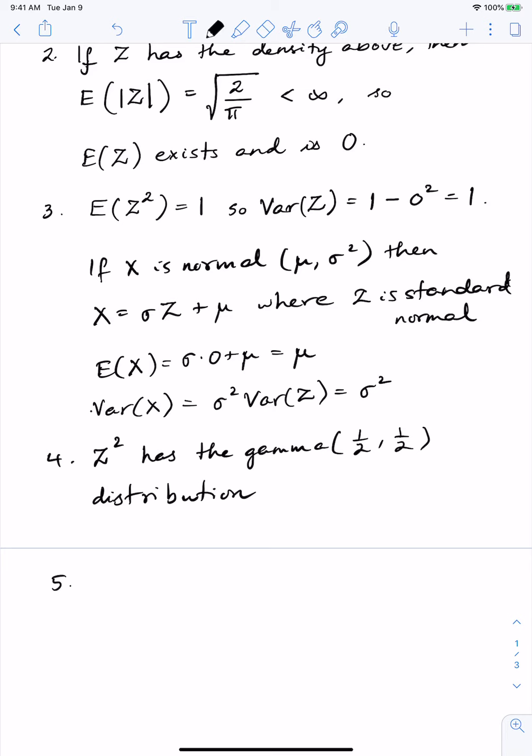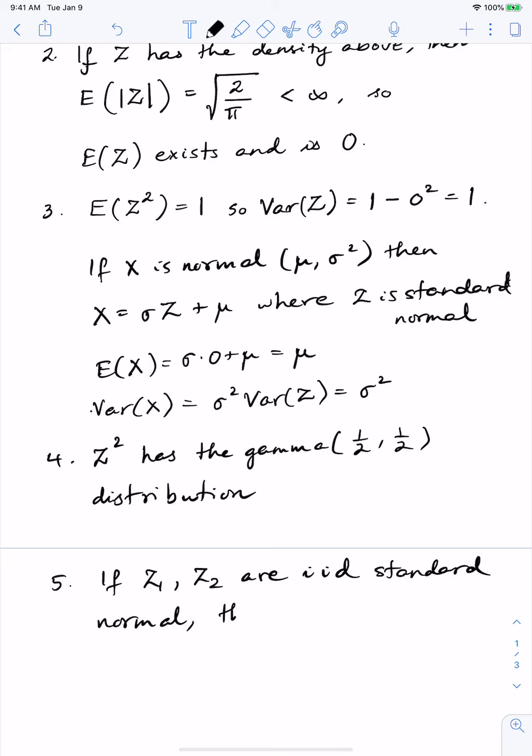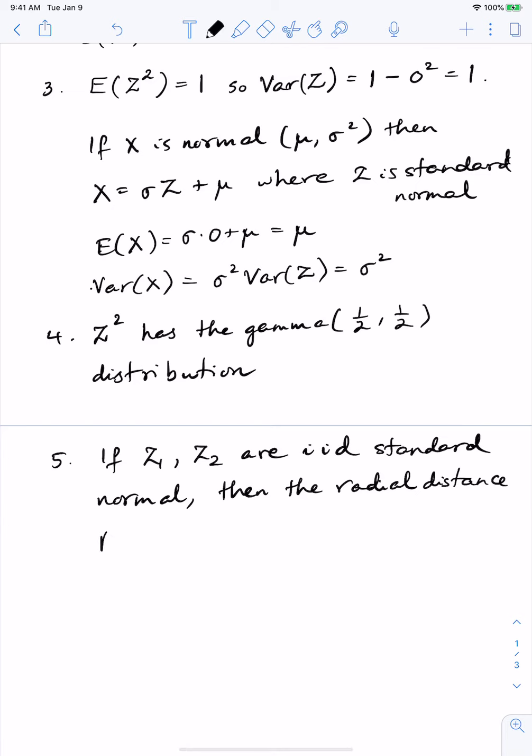We also showed that if you take two IID standard normals, then the radial distance is Rayleigh.